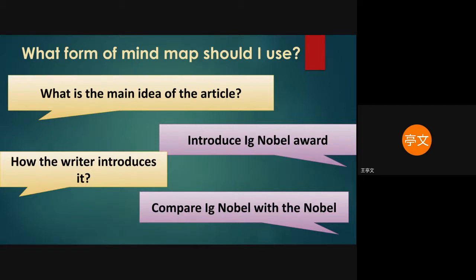So I'll go through some different models of mind maps, and we will see which mind map fits the narrative structure of the reading best. 等一下我们会看一连串不同的 mind map 的范本，然后接下来我们再会思考说，到底哪一种范本的架构是最适合我们的文章。Okay, so let's see the first one.